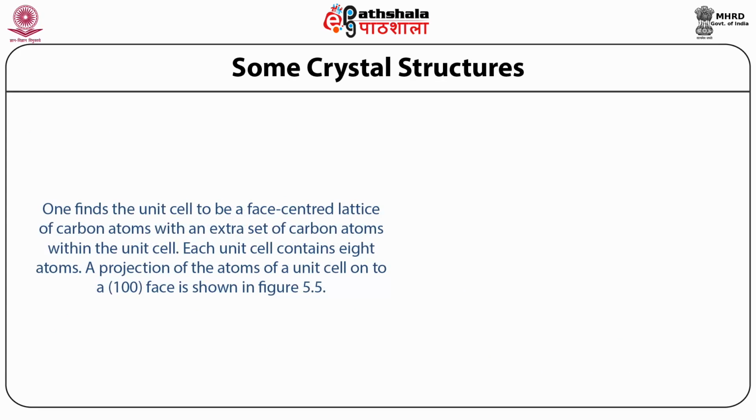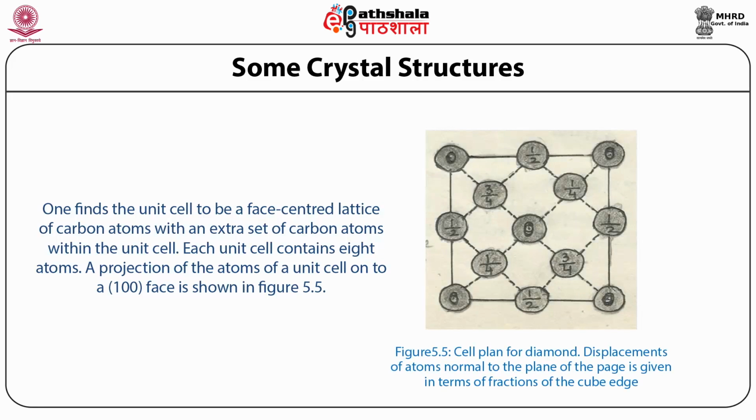One finds the unit cell to be a face-centered lattice of carbon atoms with an extra set of carbon atoms within the unit cell. Each unit cell contains 8 atoms. A projection of the atoms of a unit cell onto a 100 face is shown in figure 5.5, which is the cell plan for diamond.